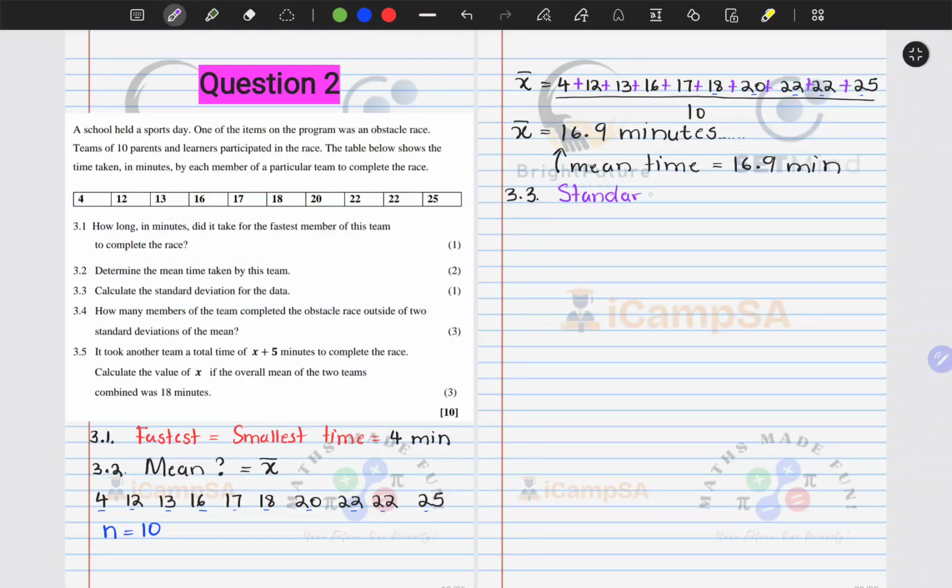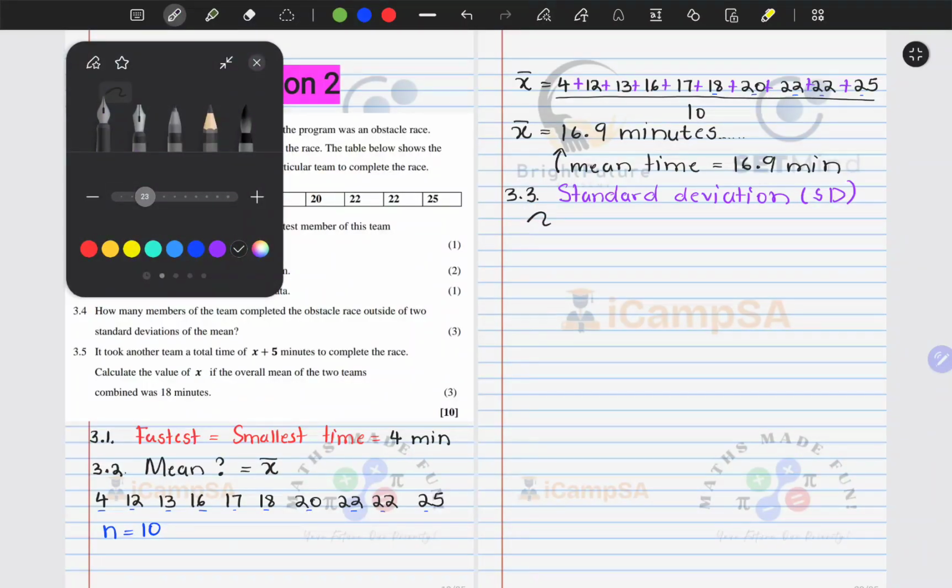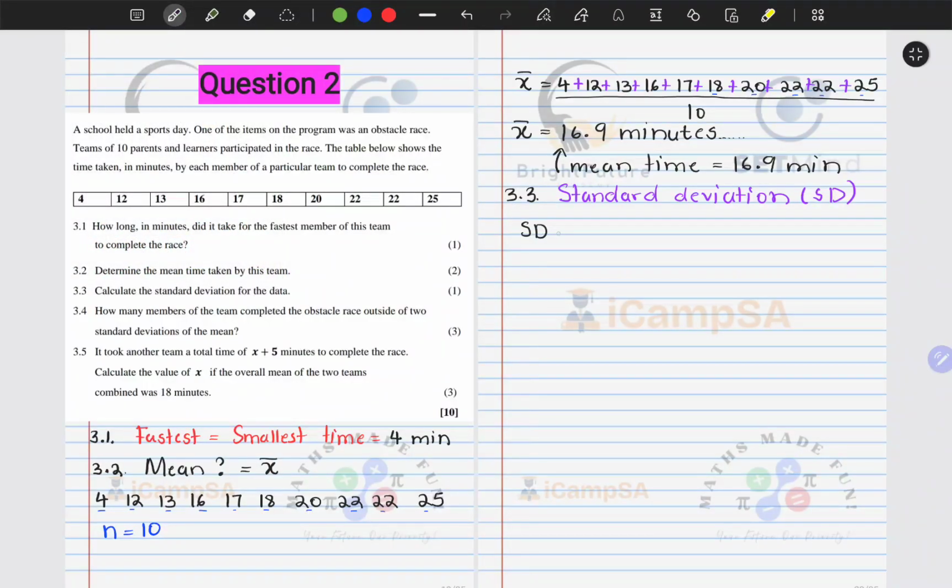We're now looking for the standard deviation, which is SD. Your standard deviation, SD, is given by the square root of the summation of x minus the mean, all squared, divided by n.